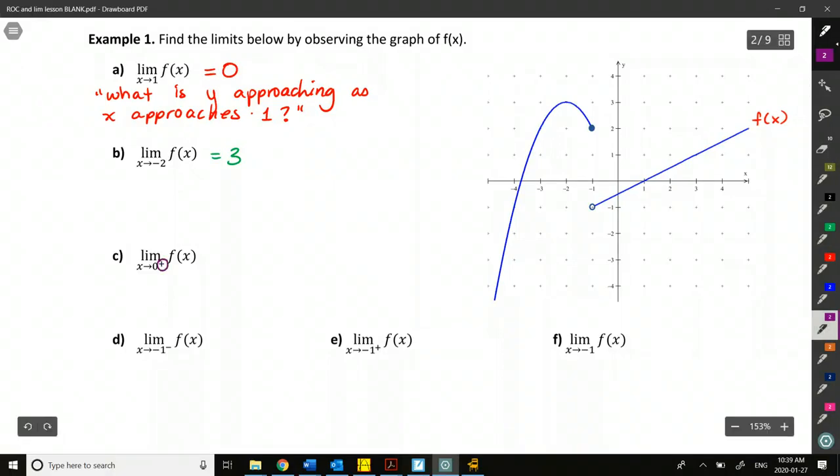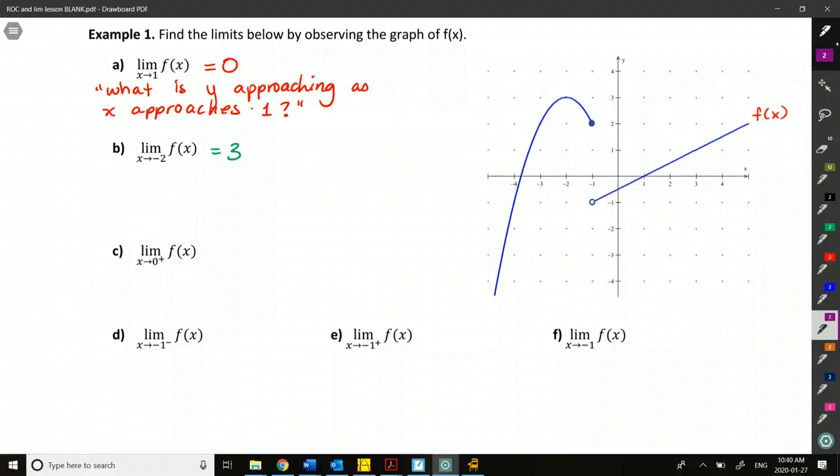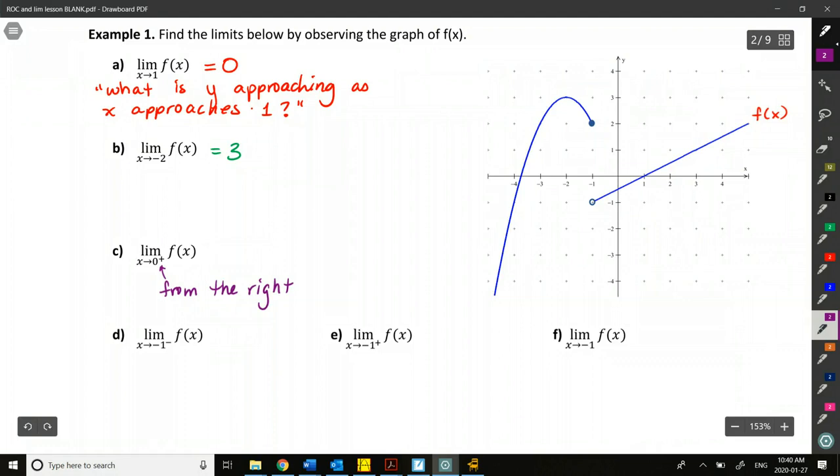Okay, anyone remember what this little plus represents for our next question? From the right. So what is y approaching as x approaches 0 from the right? This little plus means from the right. So I'm coming from the right toward the left. Here is 0 for x, and I'm coming from the right, and I'm approaching 0.